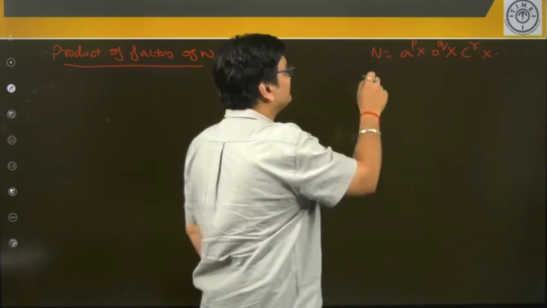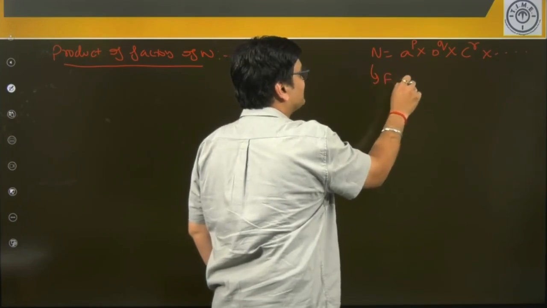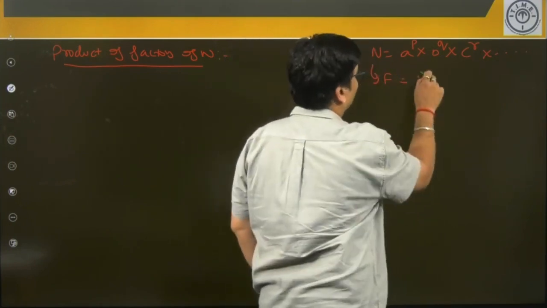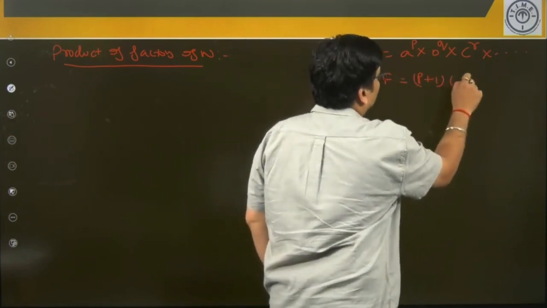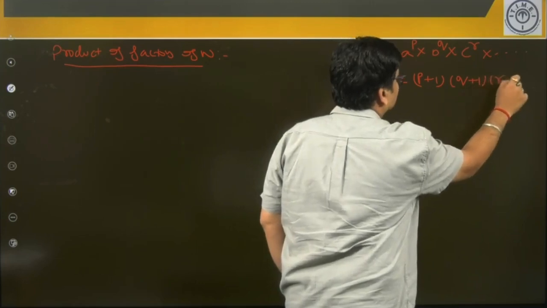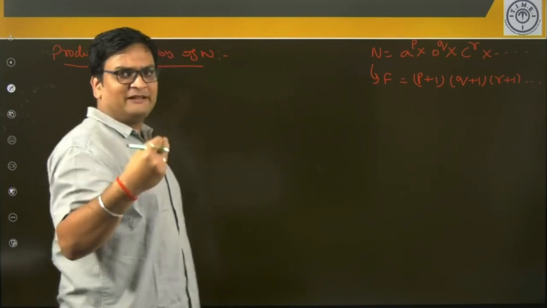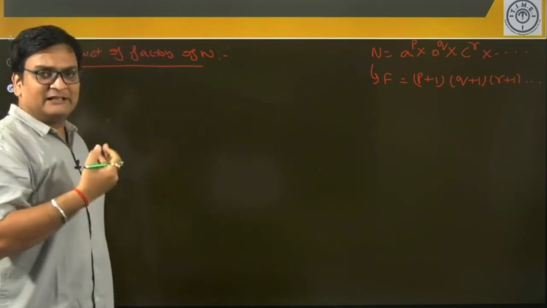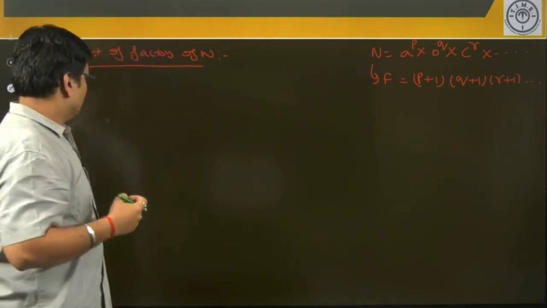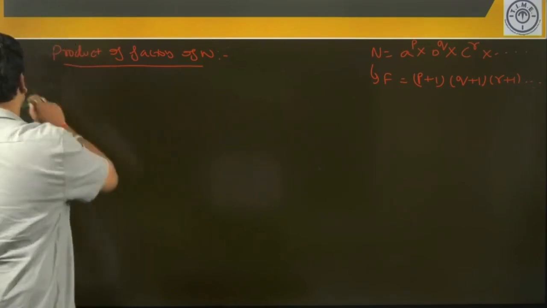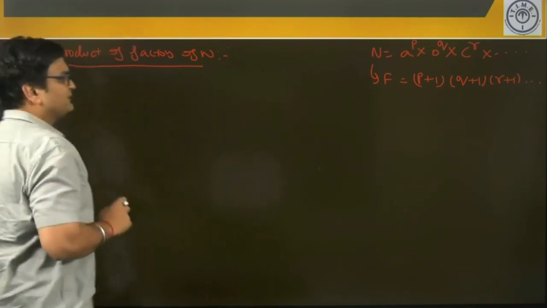For this n, we have seen already in the previous video the number of factors, and the number of ways formula was f by 2 or f plus or minus 1 by 2 depending on different cases. Let's try to understand the product of factors using an example.